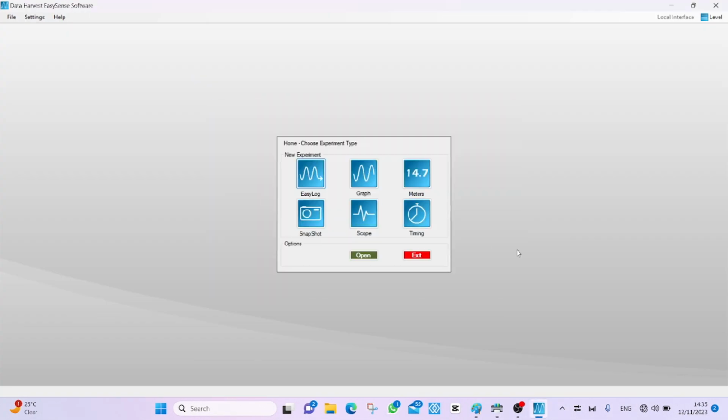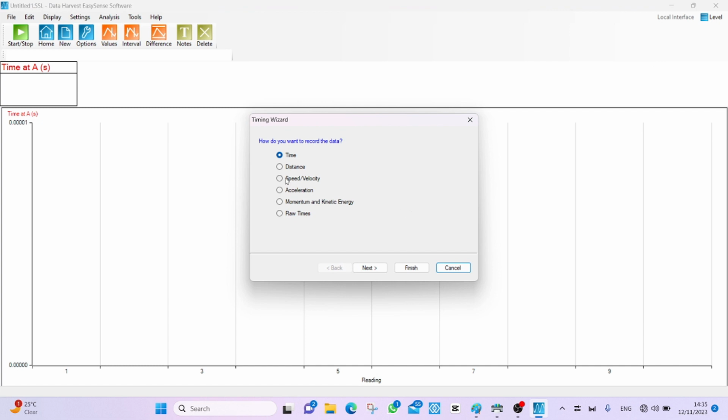I take timing from gate A to B. Next, I take 2 decimal places and the time in seconds. Finish.